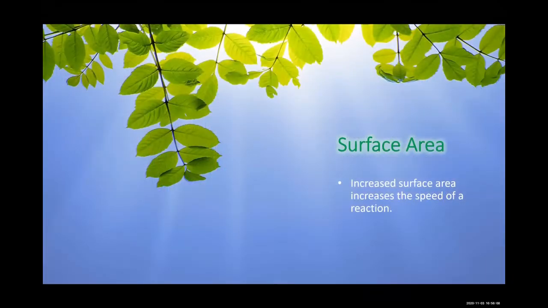So let's look into surface area. The reason I chose this picture, and we talked about this in class, is that there are some leaves here, and they're a great example of how a chemical reaction can proceed at a faster rate when you have greater surface area. Trees really take advantage of this. The chemical reaction that goes on inside of leaves that we're discussing at this point would be photosynthesis.